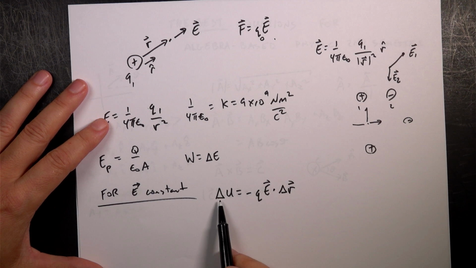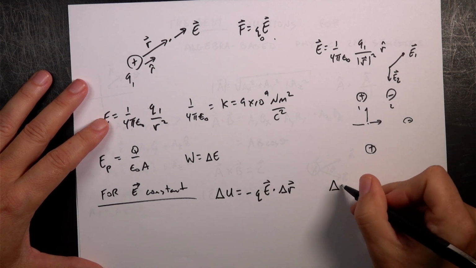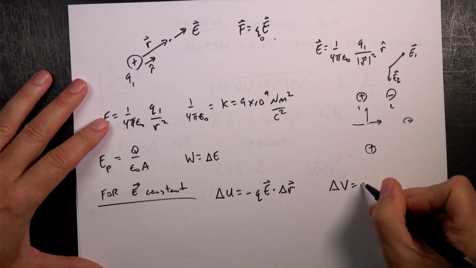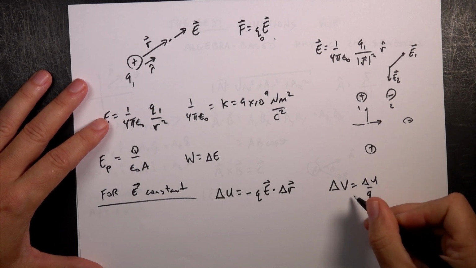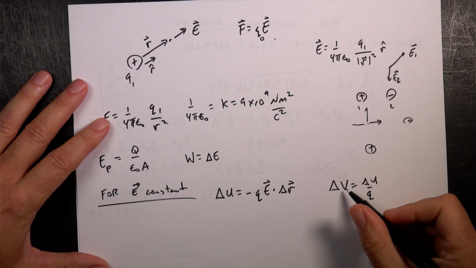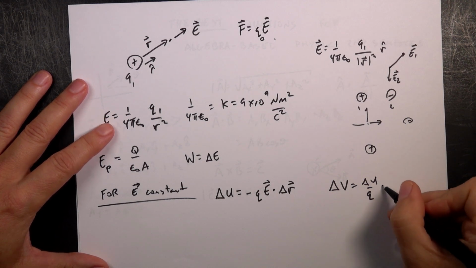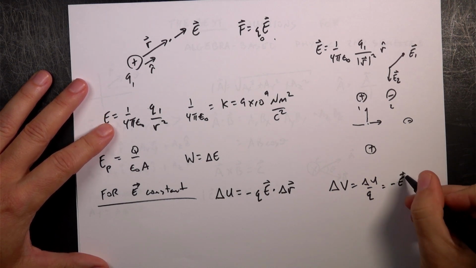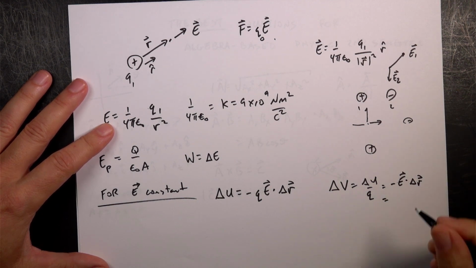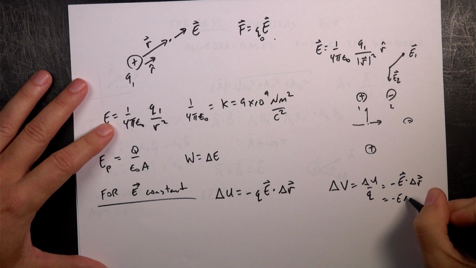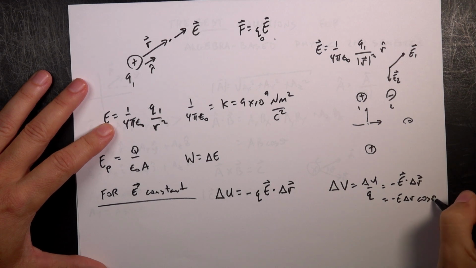If I divide both sides by Q, I get delta V, which is delta U over Q. That's the change in potential energy per charge, the electric potential V, in volts. And that would just be negative E dot delta r. Since it's the dot product, you could write that as negative E delta r cosine theta.